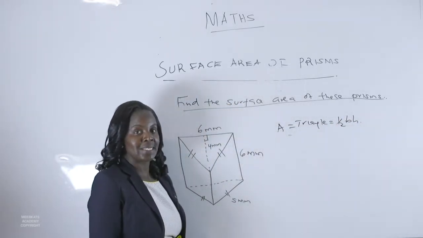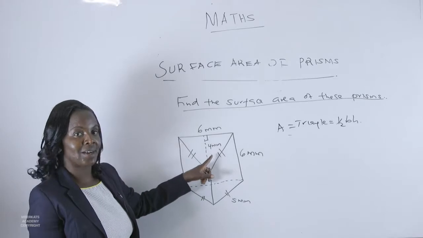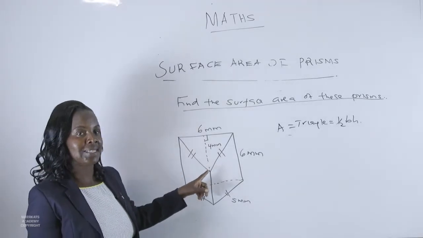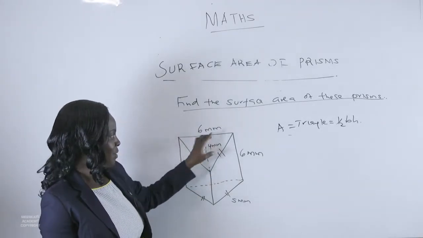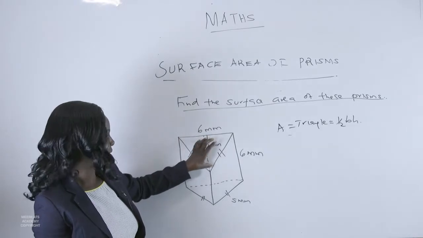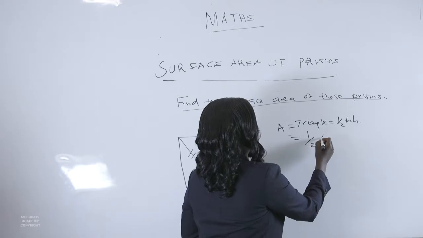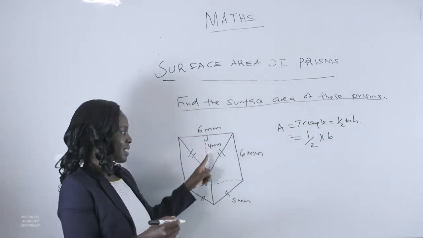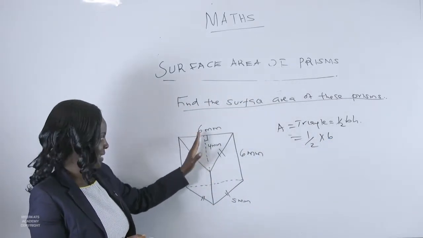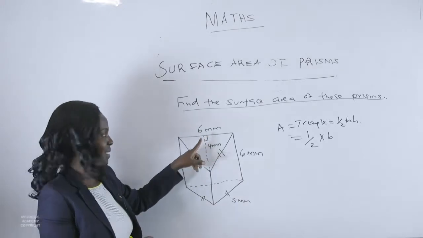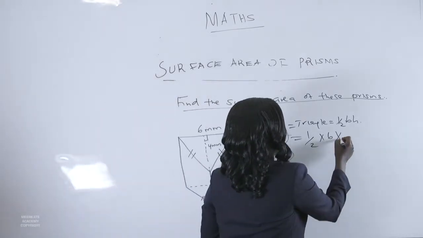So we know from our last lessons that the area of a triangle is half base times height. So what is the base of this triangle? We want to calculate this triangle. What is the base? You realize it is 6. And our height, the height is normally the perpendicular height, 90 degrees with the base. Our height is 4.